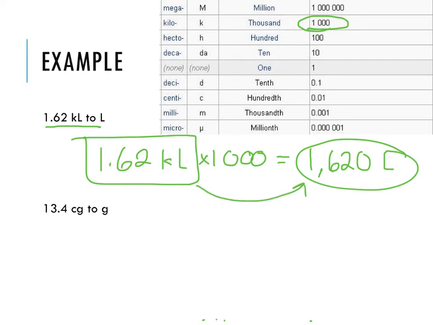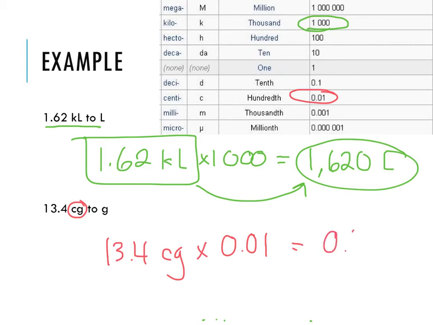For centigrams right here, we can see centi means it's 100th, so 0.01 of a gram. So if I had 13.4 centigrams and I multiplied it by 0.01, I would end up with 0.134 grams if I were to multiply that out.